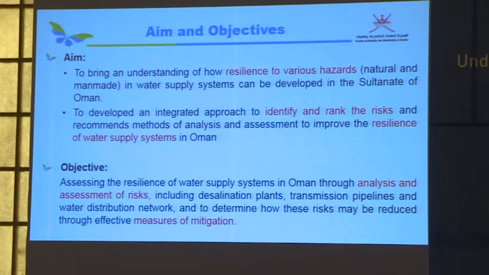The objective was to assess the resilience of water supply systems in Oman through analyzing and assessing risks, including desalination plants, transmission pipelines, and water distribution networks, to determine how these risks can be reduced through effective management measures of mitigation.